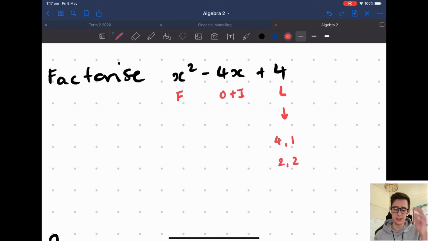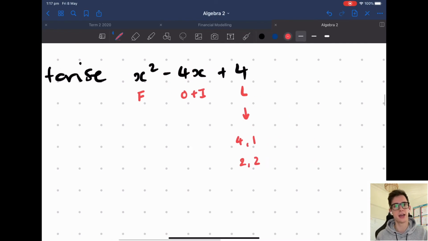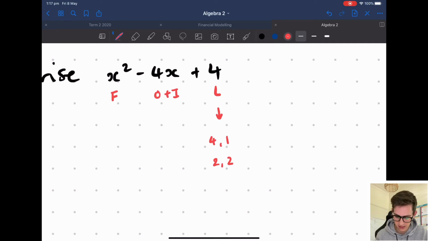And now what I need to consider is, only by adding and subtracting, can I make -4, notice this time we're taking the negative as well, with the number in front of x, using either of these numbers? There's no way to make -4 out of 4 and 1, because let's say I had -4 plus 1, that doesn't work.